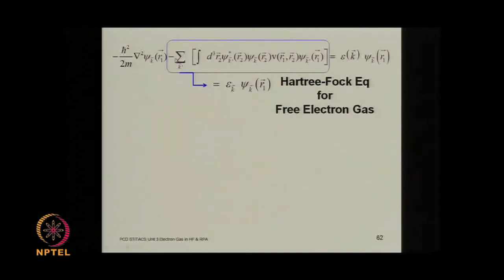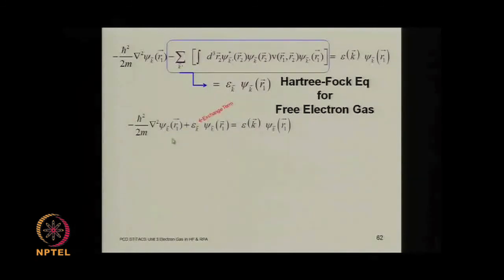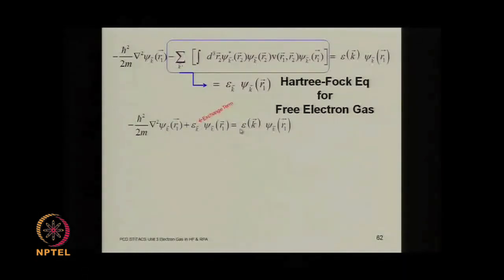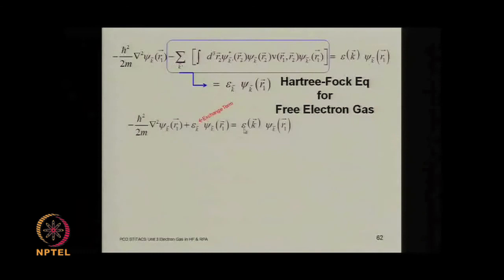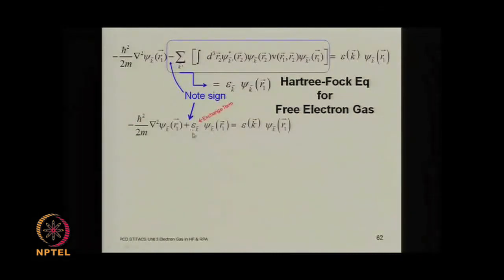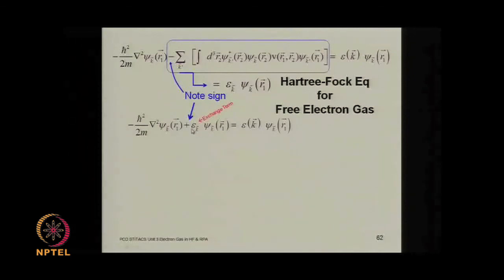This is coming from the exchange term. So, this is the Hartree-Fock equation for the free electron gas, and now you have both the epsilons over here. This epsilon has the argument k, this epsilon has the subscript k, this is the exchange term, and this is the Lagrange multiplier of the Hartree-Fock theory. Notice that you have the minus sign here and the plus sign here. It is because we have carried the signs very consistently, and these are the appropriate signs.